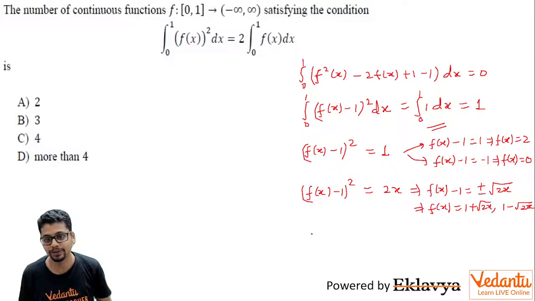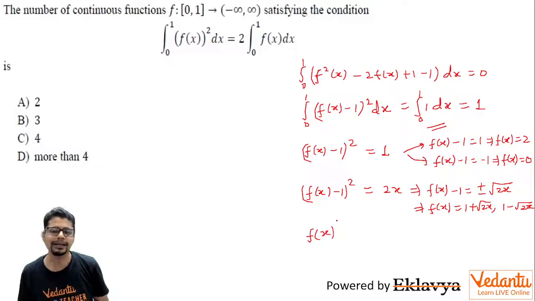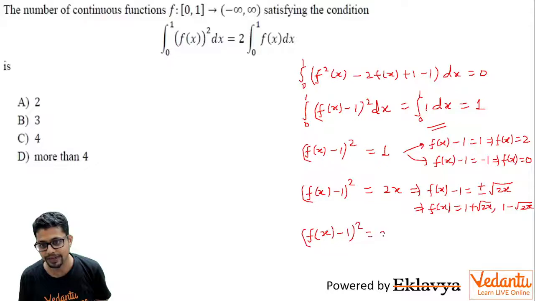For simplicity's sake you can think in terms of algebraic functions like 2x and all. So here can I take x²? But for x² the integration is x³ by 3, and you'll end up getting 1 by 3 as the final value when you integrate 0 to 1. So you will take 3x², isn't it? So you can very well take 3x².